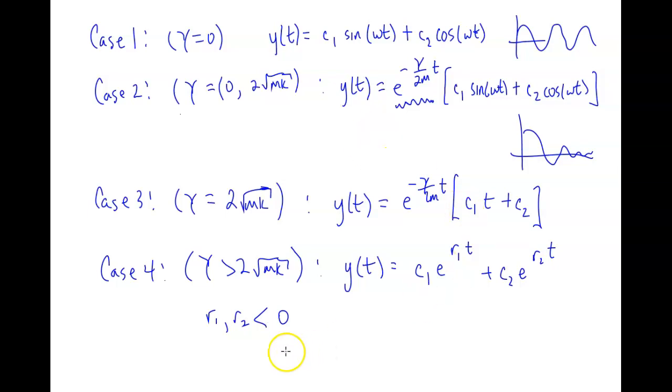Whenever our roots are both negative, we have an exponential response that looks like this. If our roots are greater than 0, or at least one of them is, it may do this, but it eventually goes up like this.